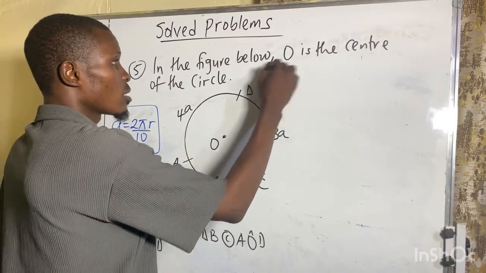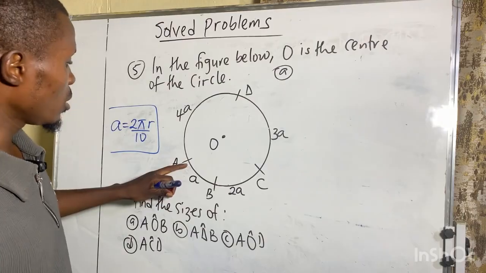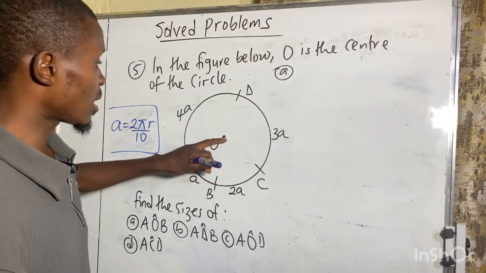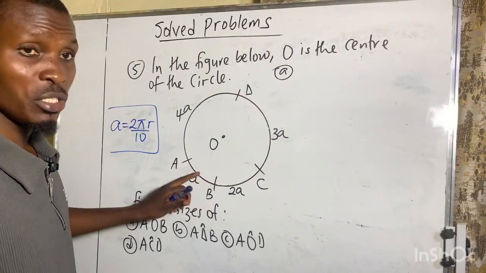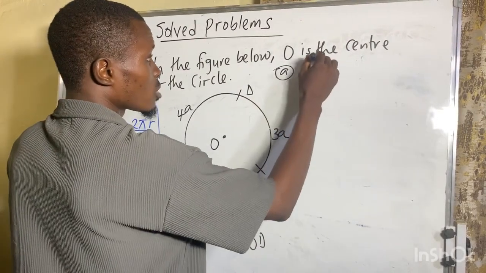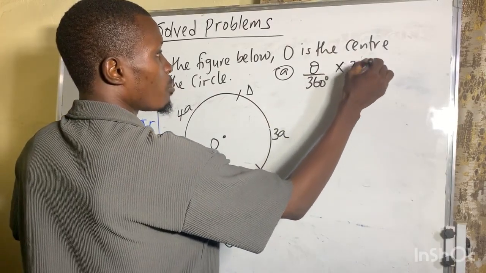Now for AOB. AOB is this AOB. The angle theta is subtended by this arc AB, which is given to be what? A. So the length of an arc we know is what? Theta over 360 degrees times 2 pi r.